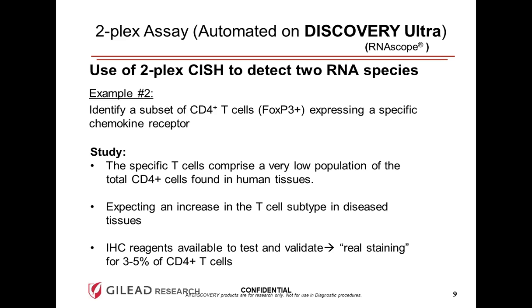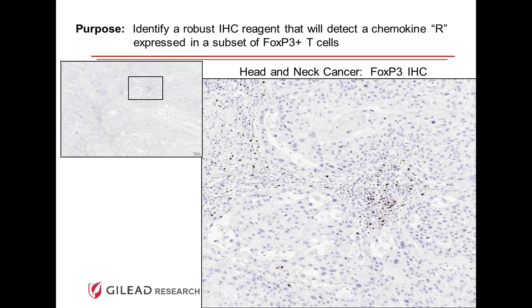And we were expecting an increase when looking at diseased tissues, and we wanted to be able to detect this. The IHC reagents were available to test. We actually did have a nice, robust IHC assay, but we wanted to know if it was real staining. Because if we're looking at a 3 to 5% population of CD4 positive T cells, we wanted to be sure that we were getting results that were true and specific.